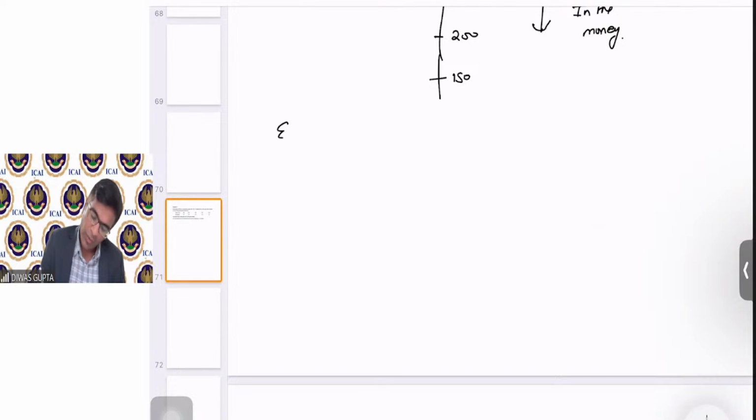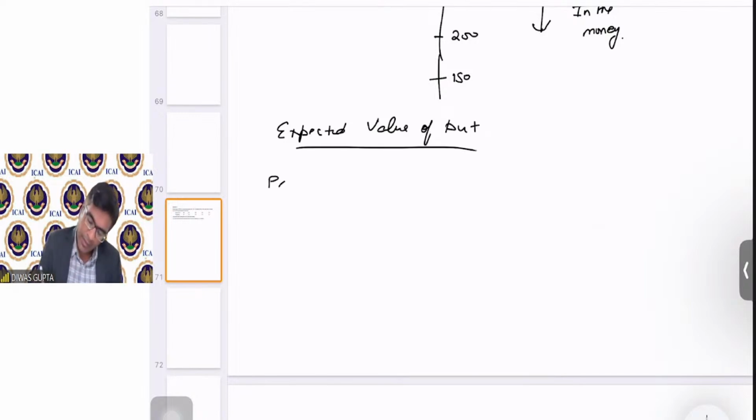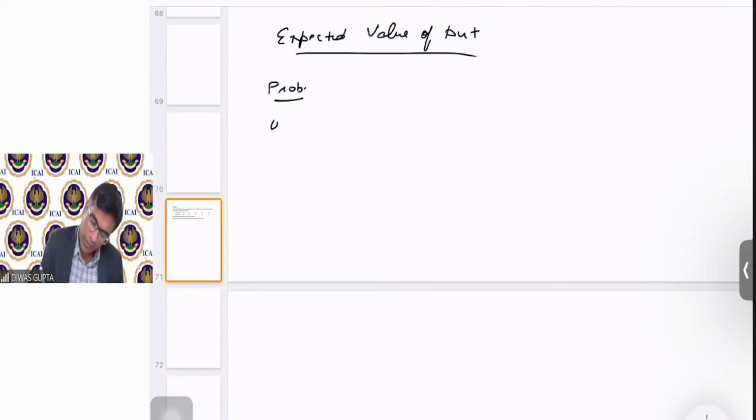Expected value of put. So the probability, let's first put down 10, 20, 50, 10, and 10.